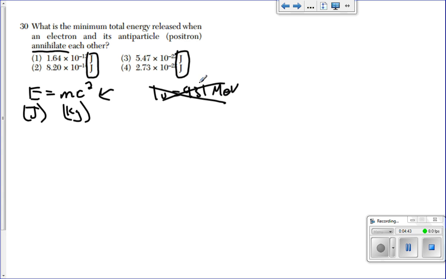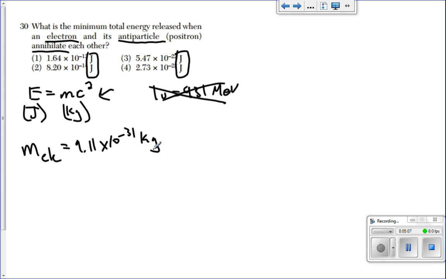All right? So what we're missing is we don't have the masses. We don't have mass yet, but we do know that we have an electron and an antiparticle electron. And if you look on the front of your reference table, you know that mass of an electron equals 9.11 times 10 to the negative 31st kilograms. Right?